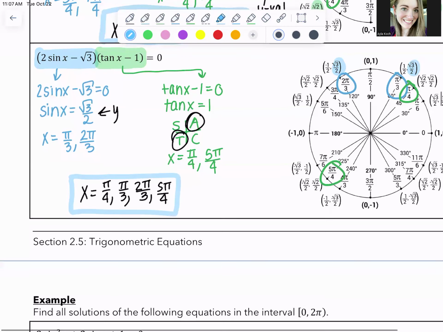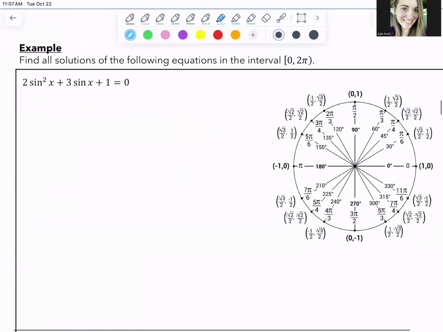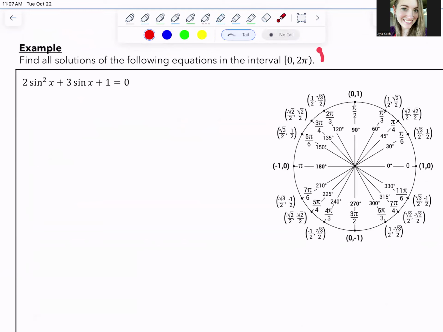Cool. All right. Now, sometimes these aren't factored to begin with. And I'm going to talk you through the factoring process here. So 2 sine squared x plus 3 sine x plus 1 is equal to 0. Find the answers on the interval 0 to 2 pi.